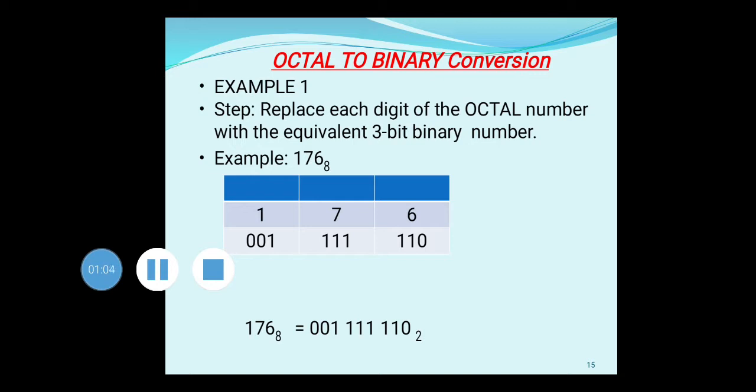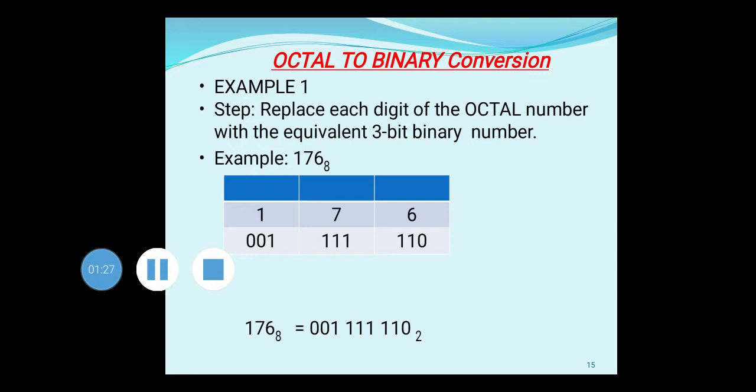So here an example is shown. It is 176. It's an octal number because your base number or radix is given as 8. So you are going to represent each digit of this number with 3-bit binary.